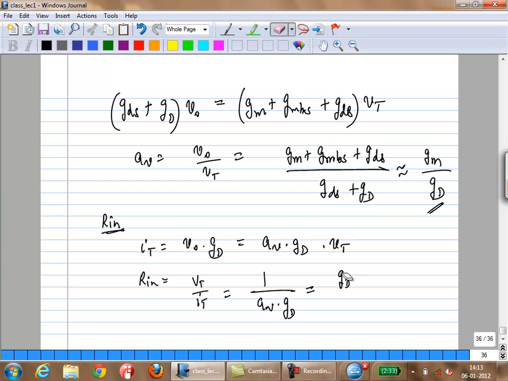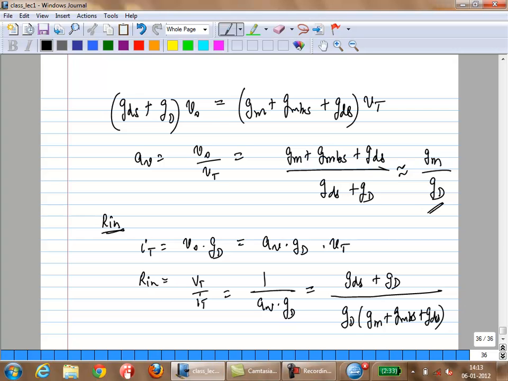This is the expression for the input resistance.